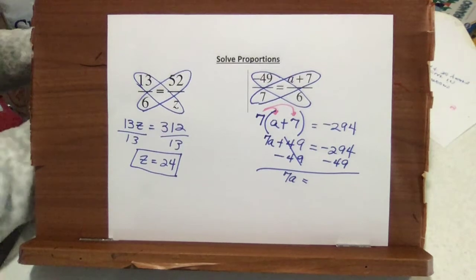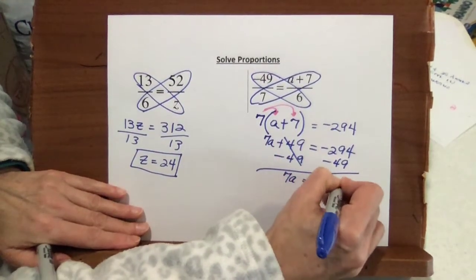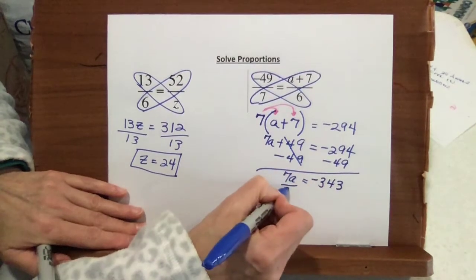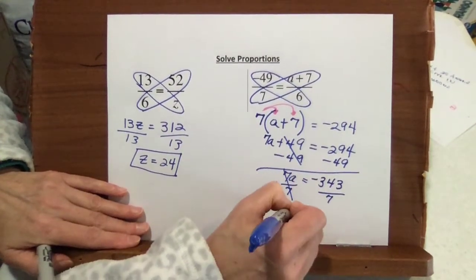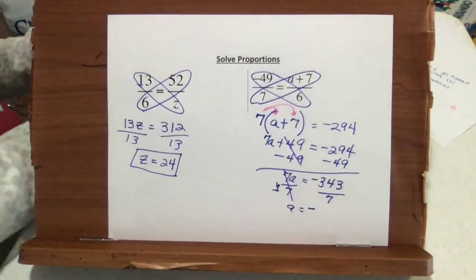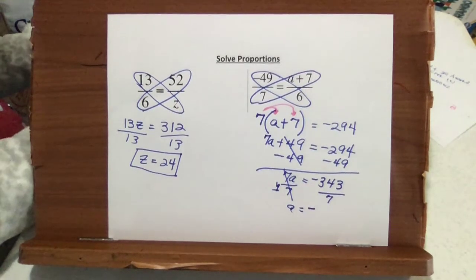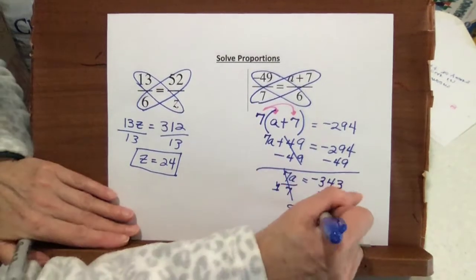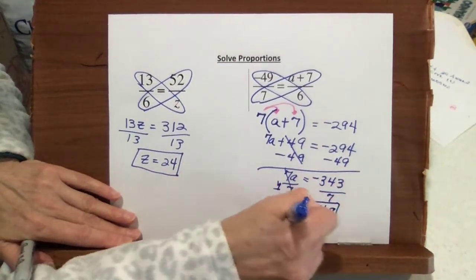It's going to give us negative 343. So now we're going to divide by 7. Watch your signs. Negative divided by positive is a negative answer. 343 divided by 7 is going to give us 49. So our answer is a equals negative 49.